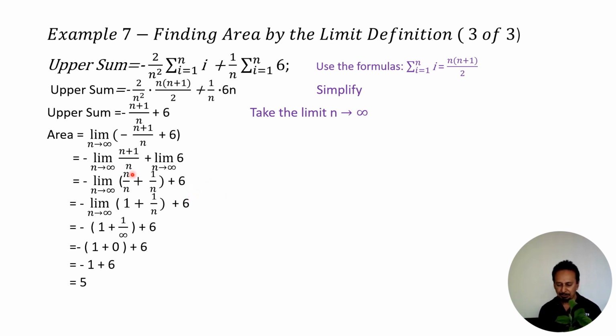But to find this limit, one suggestion is that you divide individually, so you get n over n plus 1 over n. Simplify, so the limit as n goes to infinity of minus 1 plus 1 over n. Now we substitute n as infinity, so it becomes negative 1 plus 1 over infinity plus 6. Well, 1 over infinity is 0, so it becomes negative 1 plus 0, so negative 1 plus 6 becomes 5.